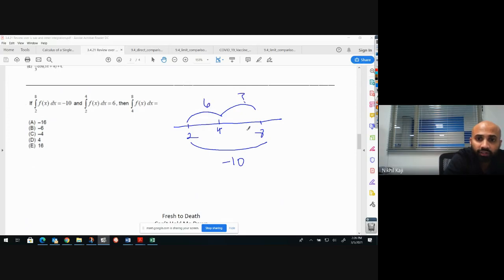So 6 plus this area has to be the total area, which is negative 10. Don't worry about the negative. It just means that this area is below the x-axis when you're talking about area. So 6 plus some number will be negative 10. So that must mean this is a big negative number, which is negative 16. And we're going forward all the time, so we didn't have to worry about changing the sign or messing with anything.